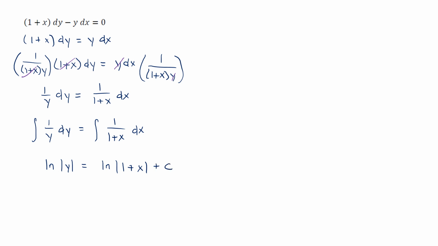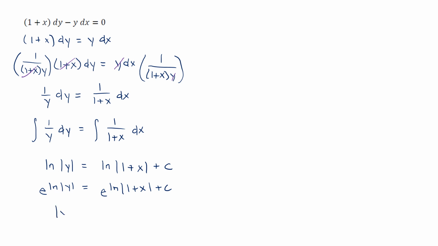Now I'm going to exponentiate both sides in order to remove the log. When I take both sides to e, I get e to the natural log of y equals e to the natural log of 1 + x plus c. Now I can simplify this.